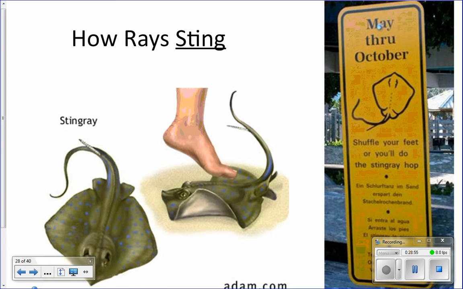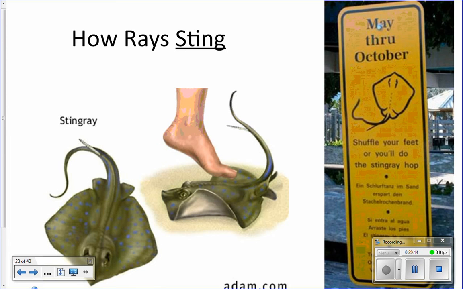Whereas if you just walk normally, you step on the ray and you get stung, and you do the stingray hop, which is like ow, ow, ow, ow. I got stung by a ray, okay? So do the stingray shuffle or you'll be doing the stingray hop.